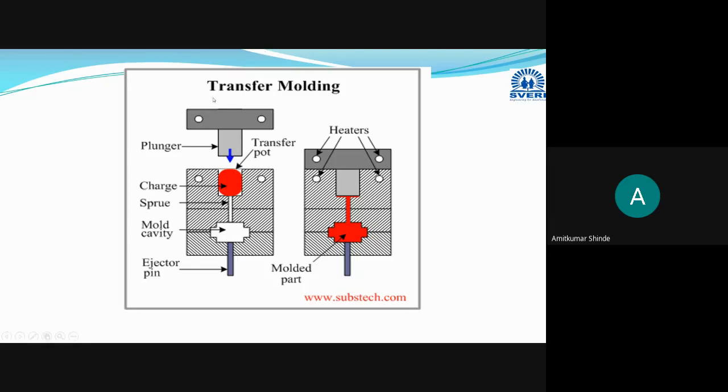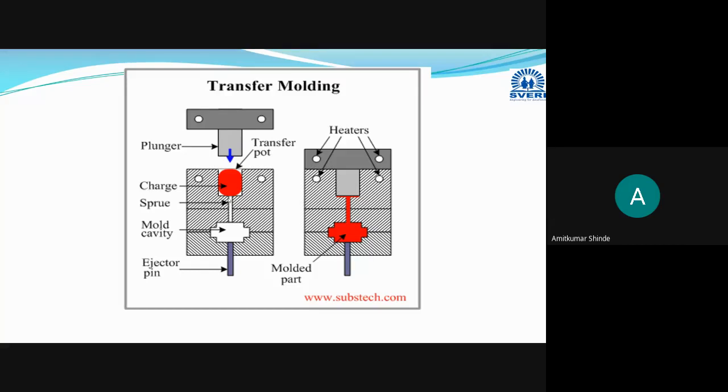Now in short, you can say that transfer molding is a combination of injection and compression molding. From this transfer pot, the charge is injected into the mold cavity, and with the help of this plunger, pressure is also applied.